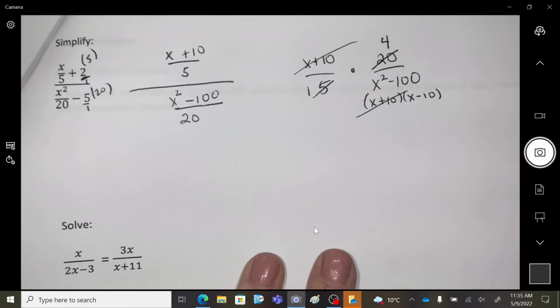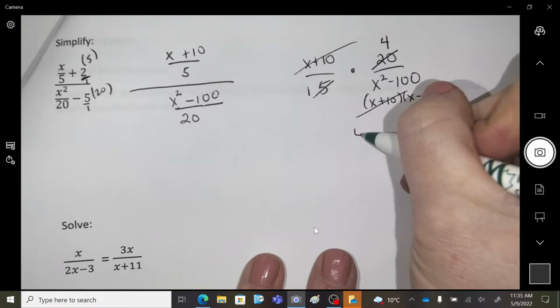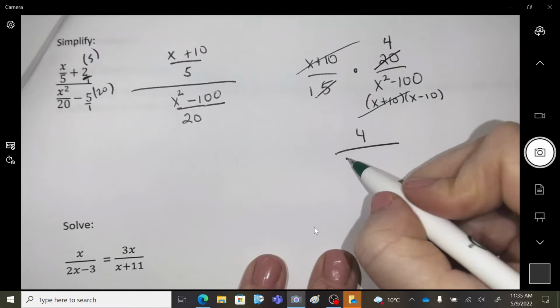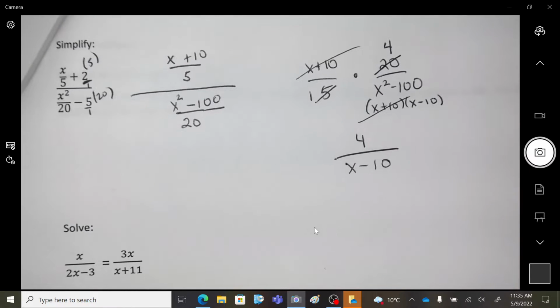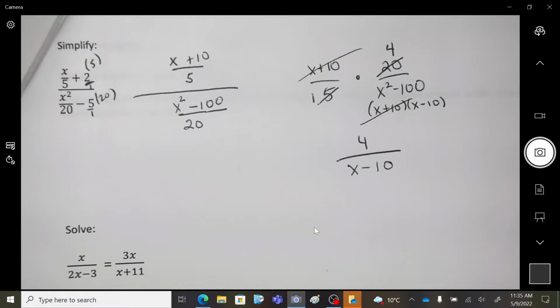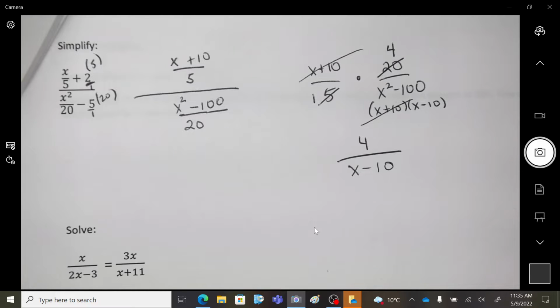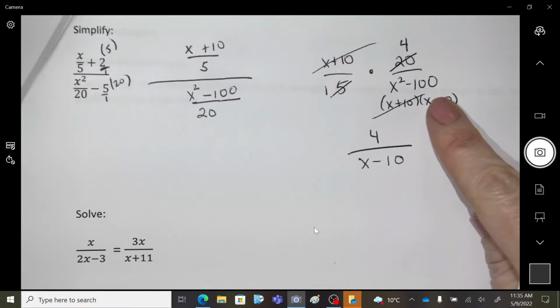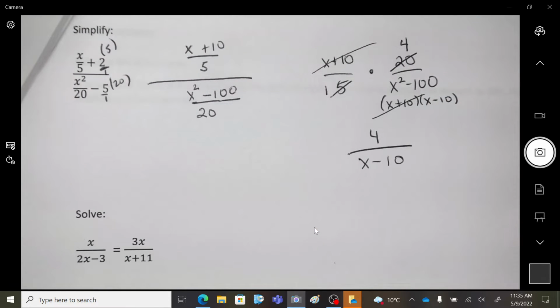All right, so on the top, I have a 4. That's a 1, that's a cancel. So that's my final answer. Okay? Please do not try to cancel like the 10 and the 100 because those are adders. You can't cancel them unless it's something times something.